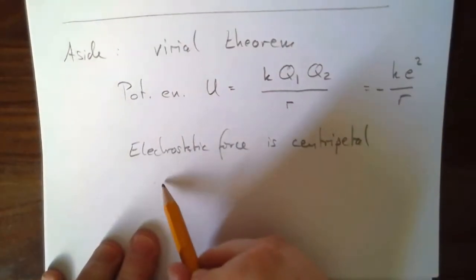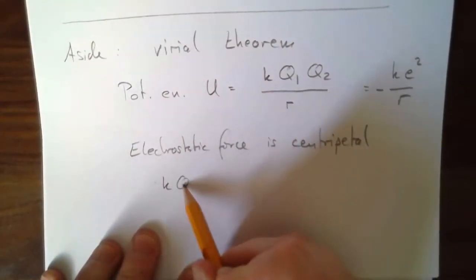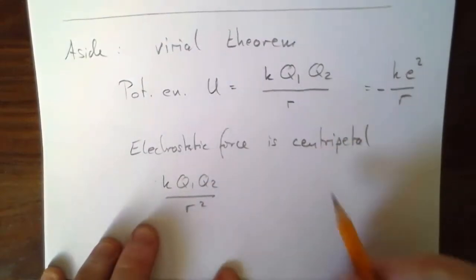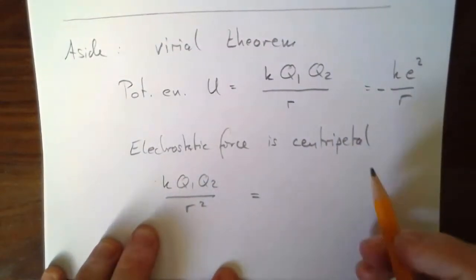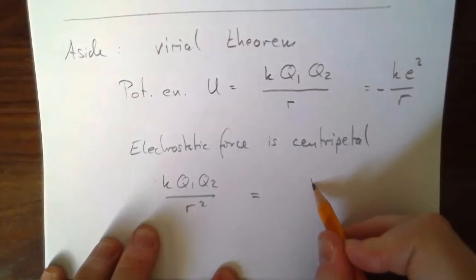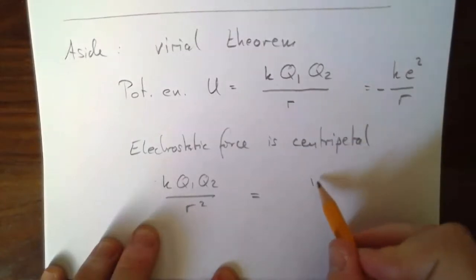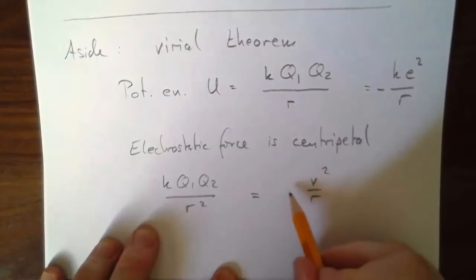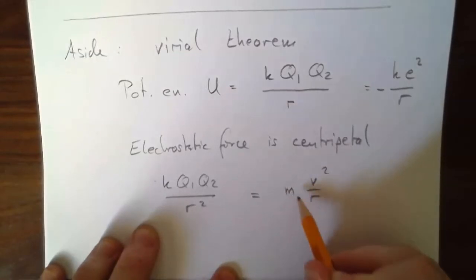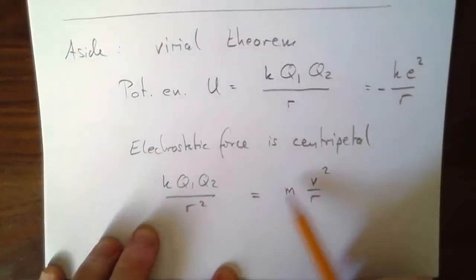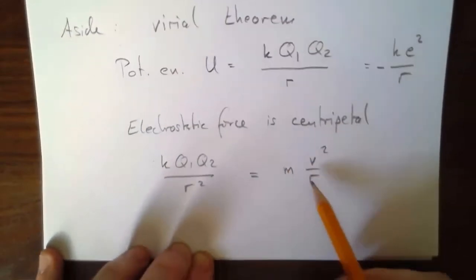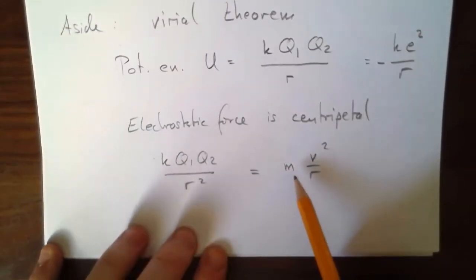The electrostatic force is given by K Q1 Q2 over R squared, and that's equal to, well, the centripetal acceleration is v squared over R, so we multiply it by the mass, ma, to get m v squared over r, the expression for general centripetal force, where m is the mass of the thing going in the circle.